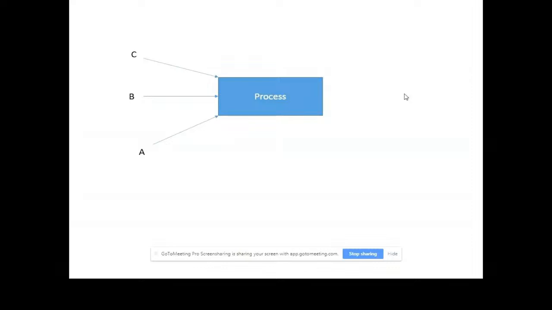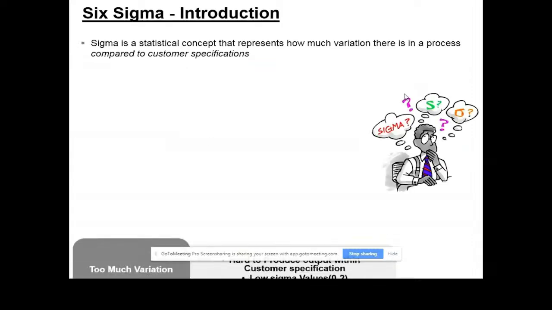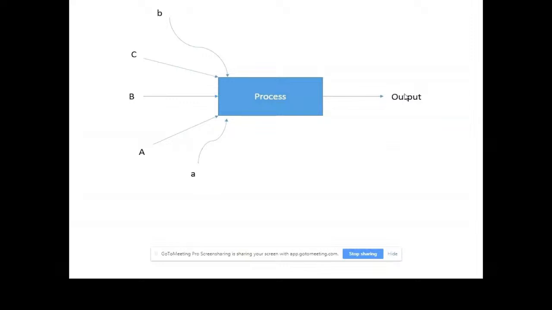These non-controllable inputs are also called noise, depicted by small a, small b. So the process is not only dependent on the controllable inputs, but also on the non-controllable inputs, on which we don't have any control.